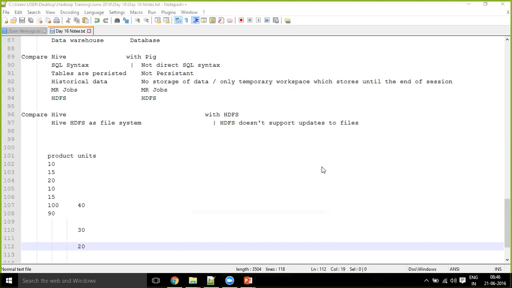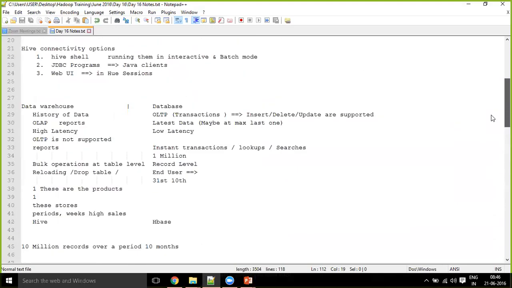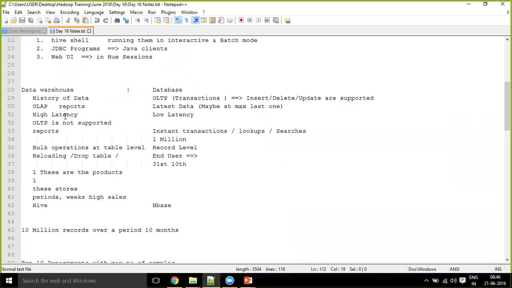Siva, where does HBase fall into here? I'm not clear on HBase. Is that a database? See, in typical enterprises, you need both a data warehouse and a database, right? I told you that Hive can solve only the purpose of a data warehouse.